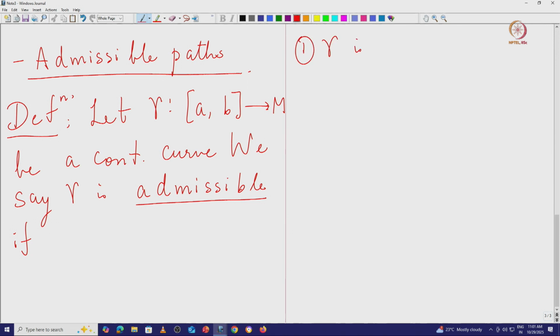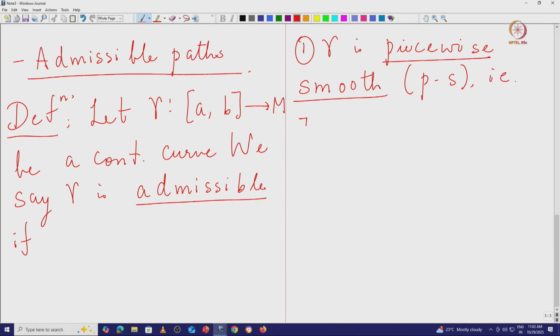Firstly, gamma is piecewise smooth, which I will usually abbreviate as p.s. Let me remind you of what piecewise smooth means.